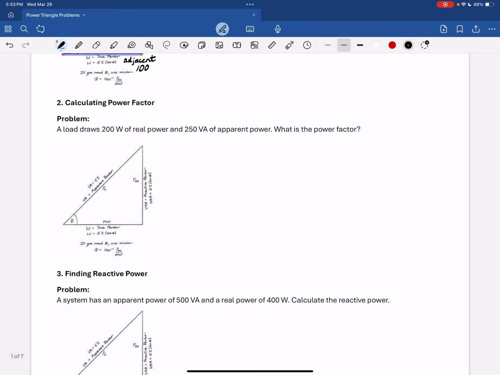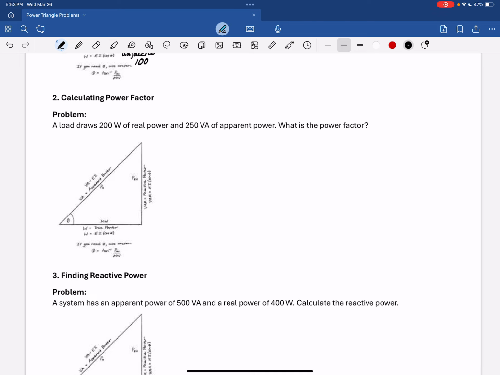Okay, number 2, we are calculating power factor. A load draws 200 watts of real power and 250 VA of apparent power. What is the power factor?